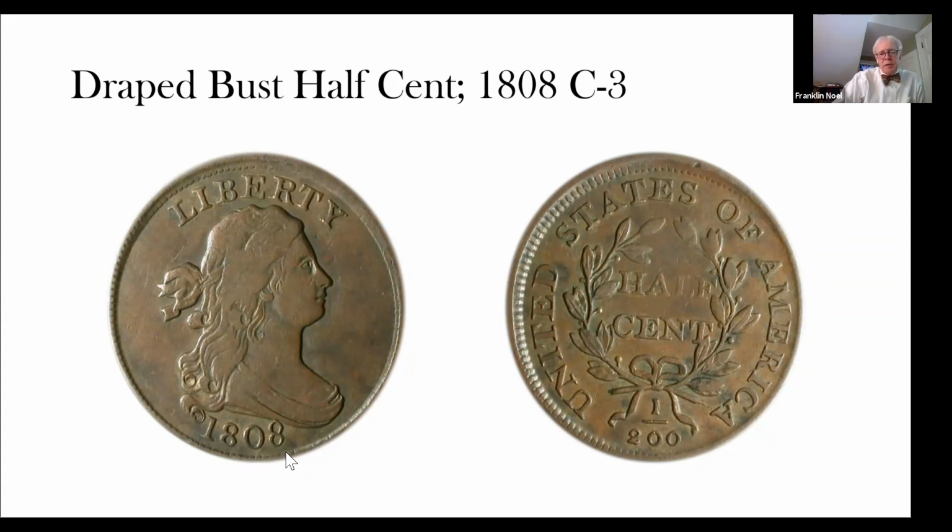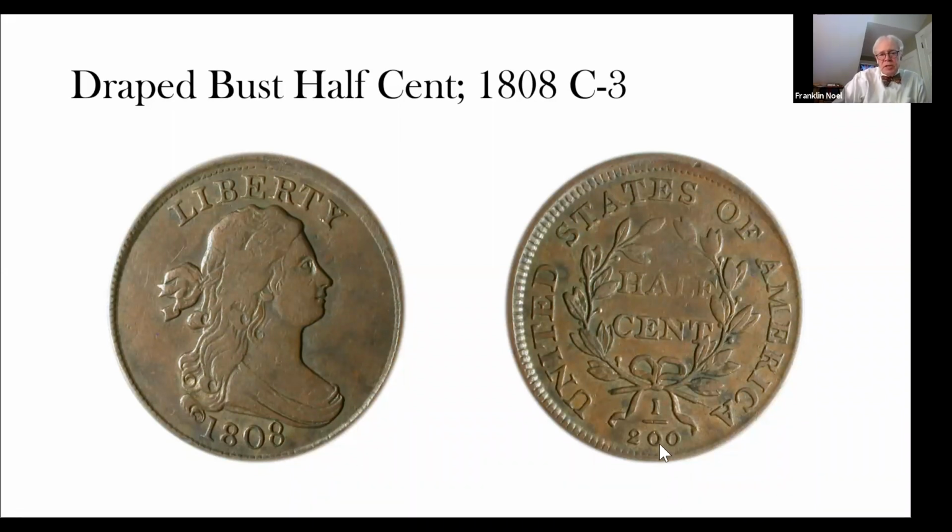When the new obverse die was pressed into service, it had the 180 already punched into the die. And when the die sinker went to add the final 8, he apparently could not locate a numeral 8 punch.